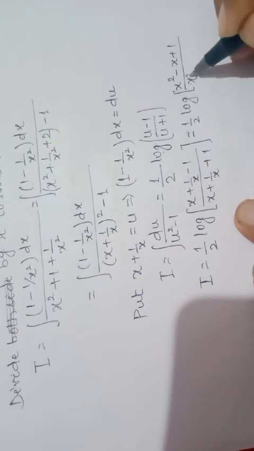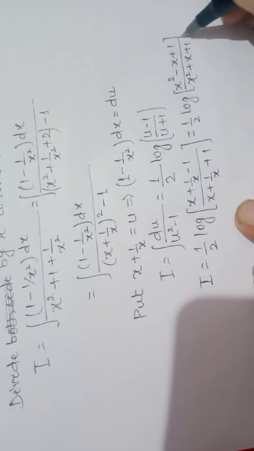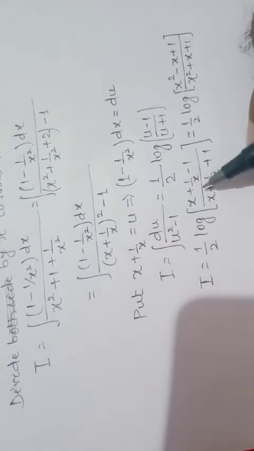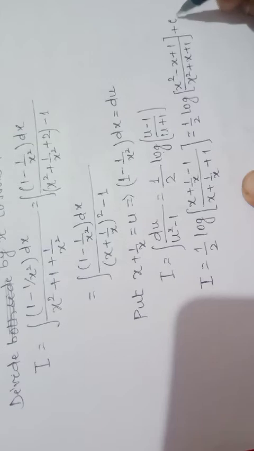The LCM of both numerator and denominator is x, so both should be cancelled. So this is our solution, this is your result.